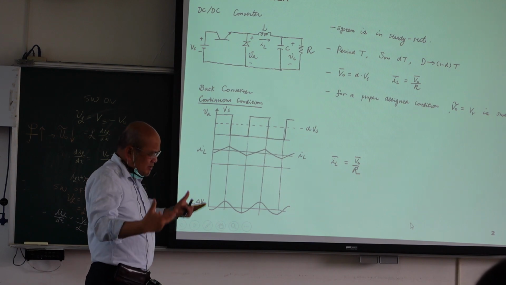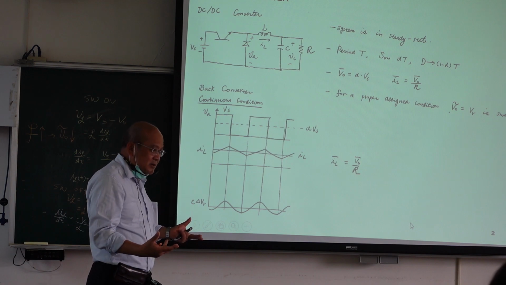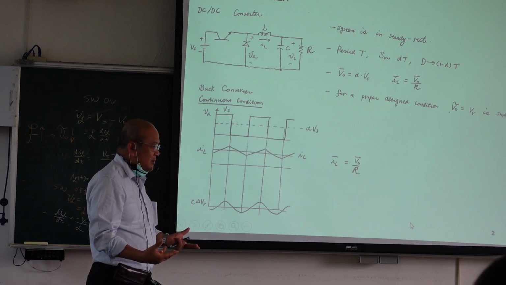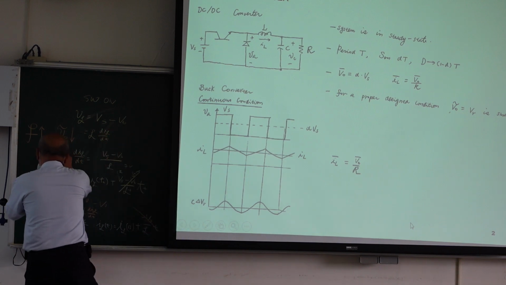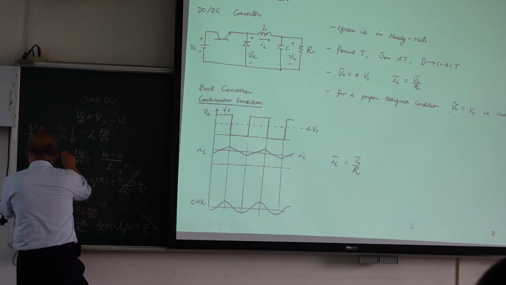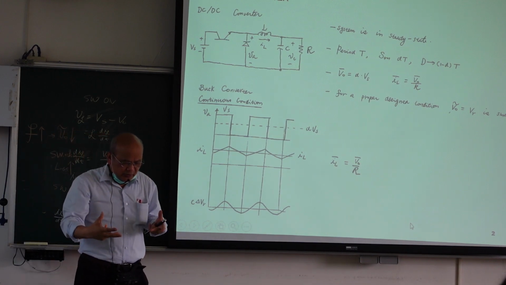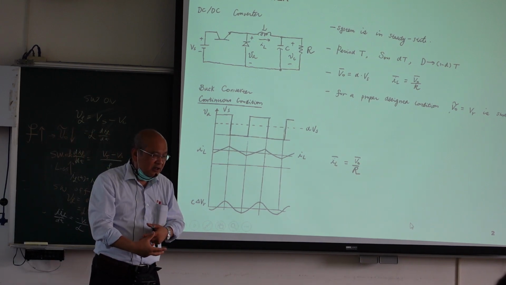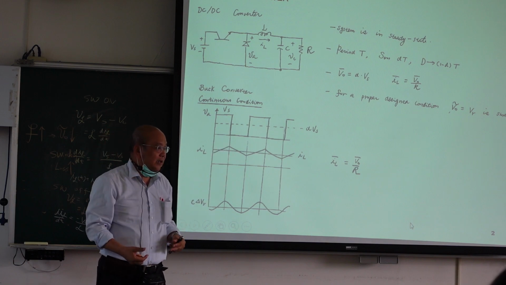But if I increase my frequency to 1 megahertz, 10 megahertz, then what happens? Switching loss is increased. If your switching loss increases, then your temperature is increased. Then you burn out your MOSFET.